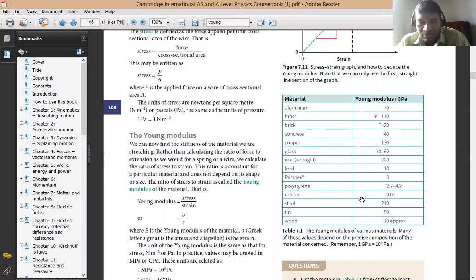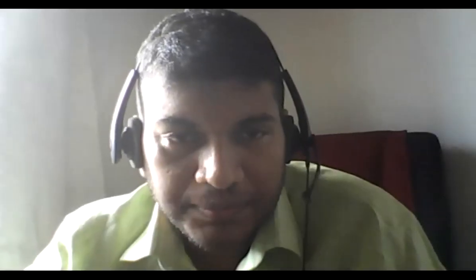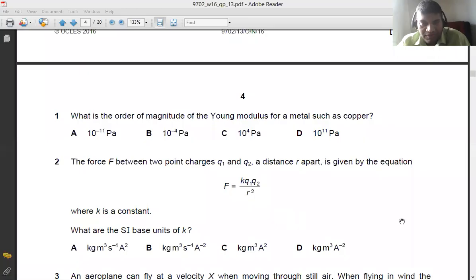To answer our question at hand: what is the order of magnitude of the Young modulus for a metal such as copper? We need to have a thorough understanding of this chart. Even if we do not remember the chart, we will be able to get an understanding by just looking at the values.